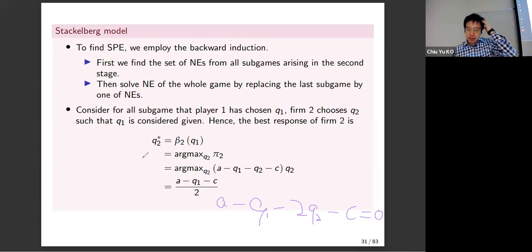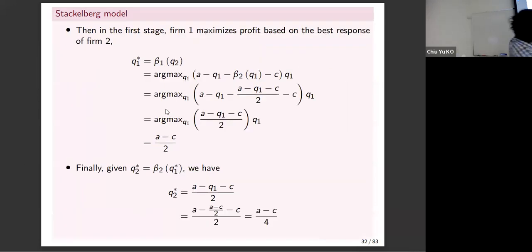And backward induction implies you put that back into player 1's problem. We solved this subgame, now we solve backwardly. So what does player 1 do? Player 1 actually knows what player 2 will do best, right? He's basically considering Q2 as what player 2 is best doing.